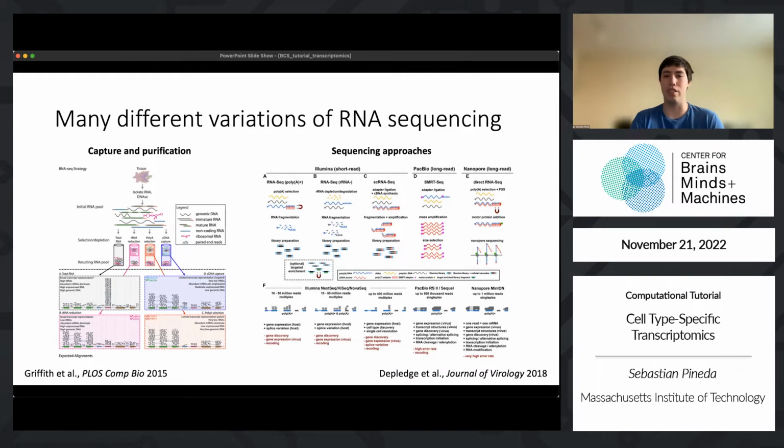But you sacrifice information like splicing or sequence variations that might not be present at sort of the 3' or the 5' end. But this is very cheap and easy to do. And this is enough to tell us, at least in disease, the interesting question of what genes are changing, how they're changing, what changes are driving other changes, for example.